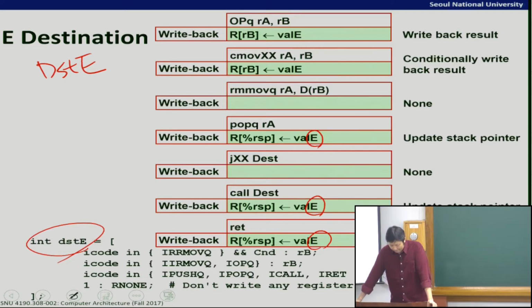If the I code is IR move or OPQ, then again RB will be the destination register. Finally, if the I code is push Q, pop Q, call, or return, then the stack pointer will be the destination. Otherwise, don't write to any register.